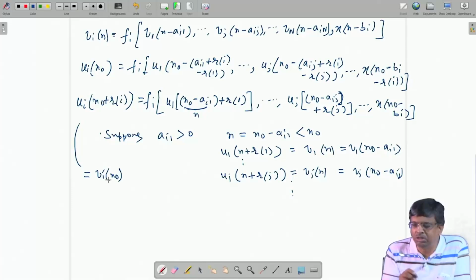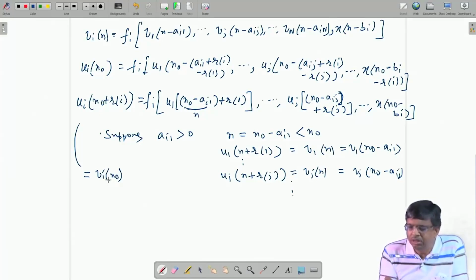So, the relationship continues at n naught, and that proves the validity of the induction, but this assumes that these delays are strictly positive, not 0, at least 1, 2, 3, so that n is less than n naught, not equal to n naught.